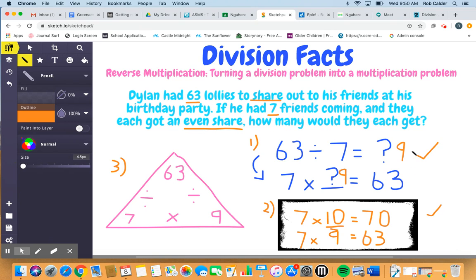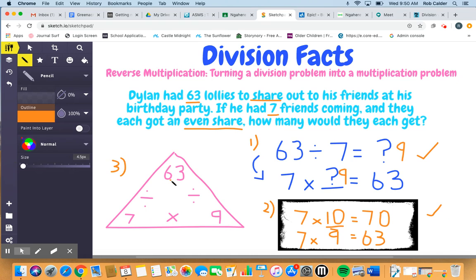Now, to really solidify that, I'm going to switch over to this triangle here, which is a family of facts triangle. Basically, what I've got here is I've got my 7, my 9, and my 63. And what this does is it shows and makes those connections really clear in a visual form that 7 times 9 equals 63, but also 9 times 7 equals 63.